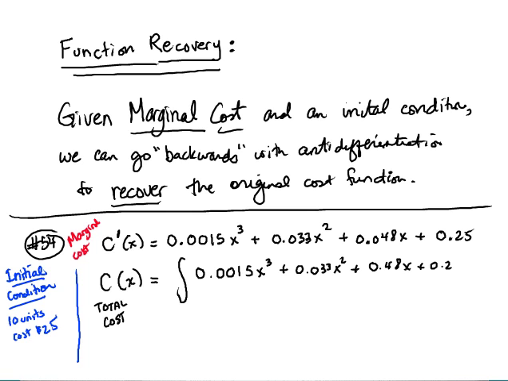Now, what's the variable that we have in our marginal cost? x's. So when I put my notation at the very end, I'm going to make this dx, because I need to have that differential. Anytime I write an indefinite integral, I need to have that differential symbol. Everything was in terms of x, so we're going to be anti-differentiating in terms of x also.